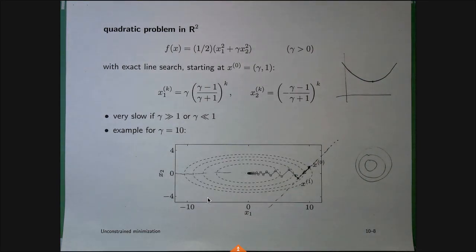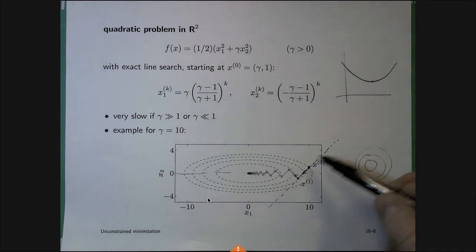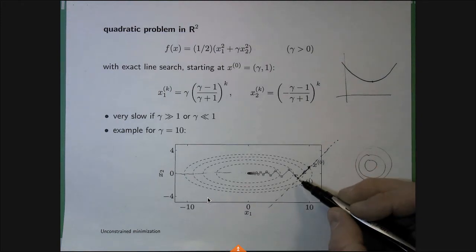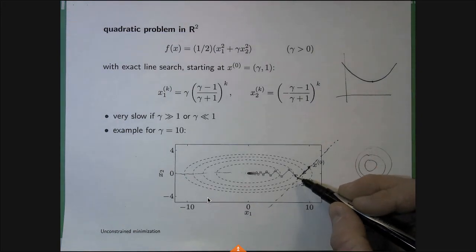I guess this would be made clear with some 3D visualization, right? I admit I also don't have the picture in my mind. But if you really displayed this ellipsoidal bowl and sliced it with this, you would see that the optimum is really here. So what happens? It essentially overshoots, in a sense.